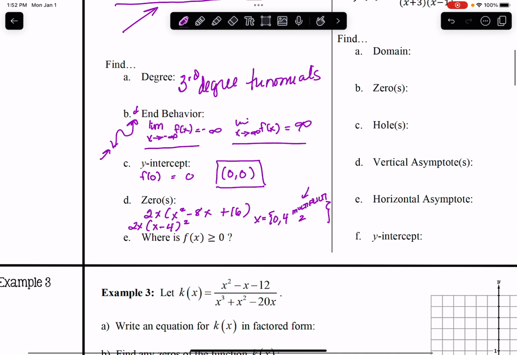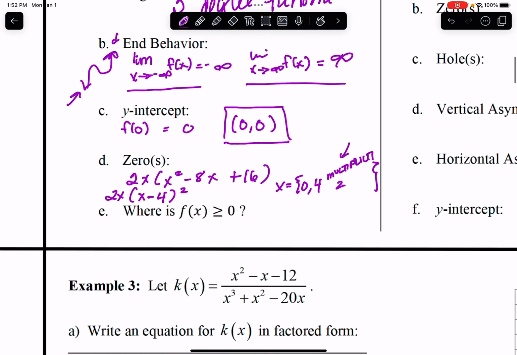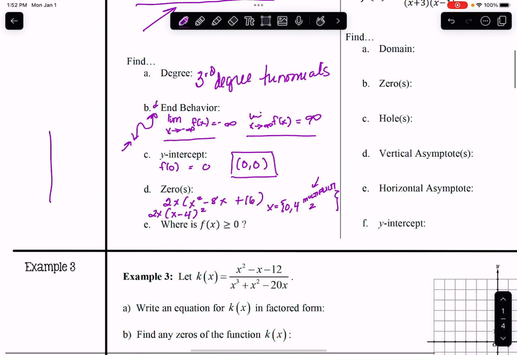Now, when we want to know where f of x is greater than or equal to 0, we're going to get a better sketch because we now have these zeros. So I'm going to go over here and sketch this with the zeros. So if I have a 0 at 0 and I have a 0 at 4, remember the multiplicity means that if it's an even multiplicity, it doesn't go through the x axis. It just touches it and comes back the same direction.